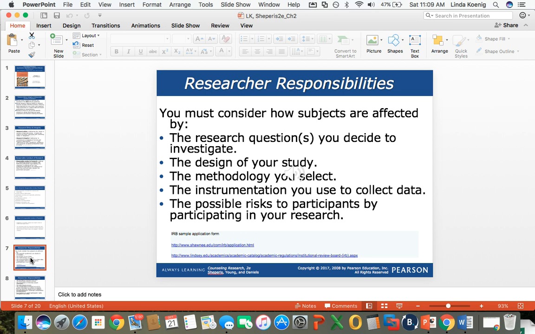Researcher responsibilities. We have a responsibility to the subjects that participate in our research, and we have to consider the impact on them of this list of things.